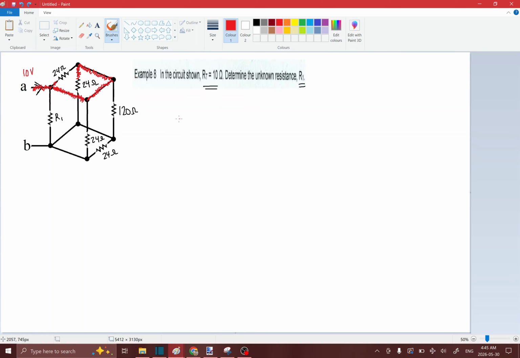Then you might be wondering, well, what if there is a small resistor here? Let's draw that in. Let's say it's like 12 ohms. Would it only go through a 12 ohm resistor? Would it leave the 24 ohm resistor alone? No. In that case, the electricity is going to move through the 12 ohm resistor and the 24 ohm resistor, but more is going to go through the 12 ohm resistor than the 24 ohm resistor.